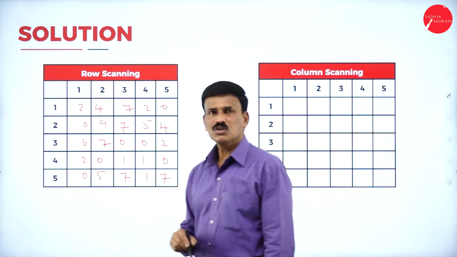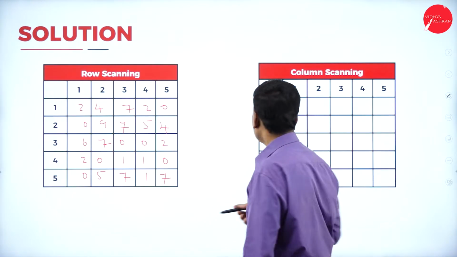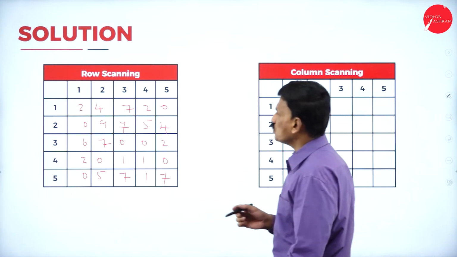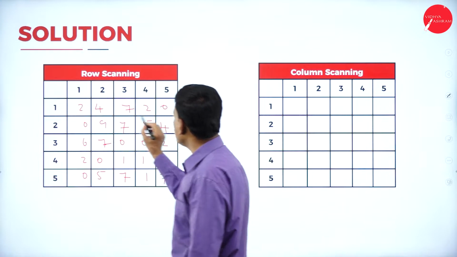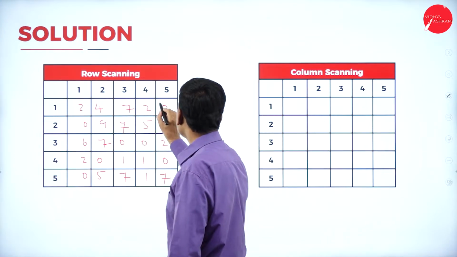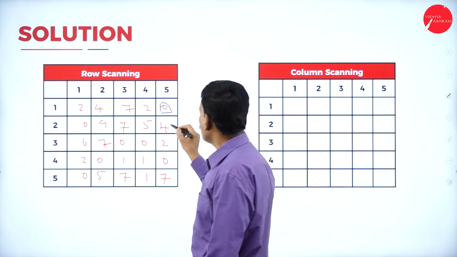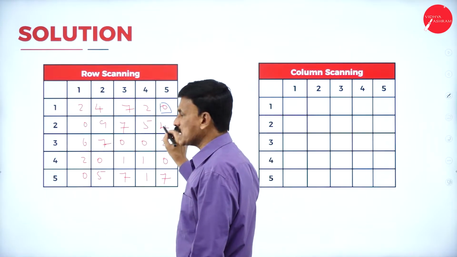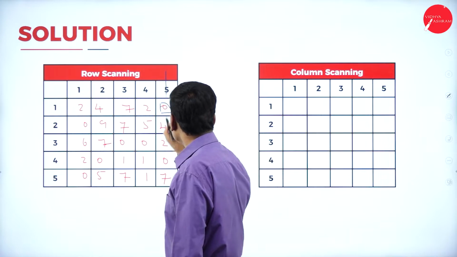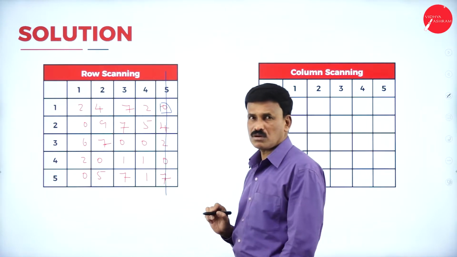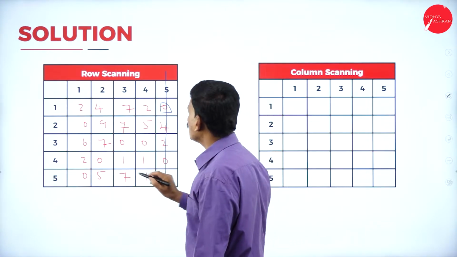Now, just go for the row scanning. Identify the zeros. So, here we have a single 0. Mark this 0. While doing the row scanning, we can cancel all the elements in that particular column. Next, come to the second row.